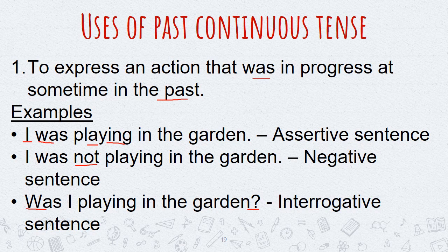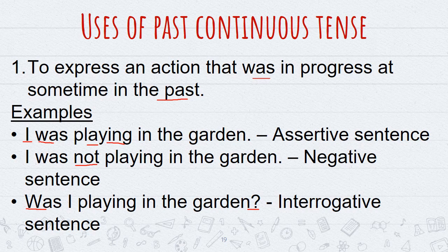Now, we'll do the uses of past continuous tense. Number 1 use says, to express an action that was in progress at some time in the past. For example, I was playing in the garden. This is an assertive sentence, or we can say a positive sentence. To make its negative sentence, we'll just add not after the helping verb.